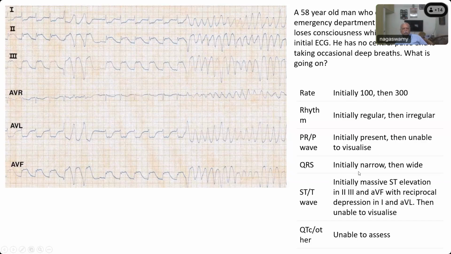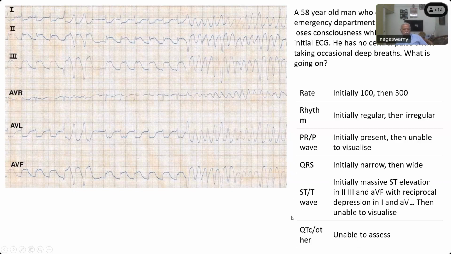QRS is initially narrow then wide, and ST-T wave initially shows massive ST elevation, especially in V2, V3, and aVF with reciprocal depression in V1, lead 1 and aVL. QT is unable to assess because of this.